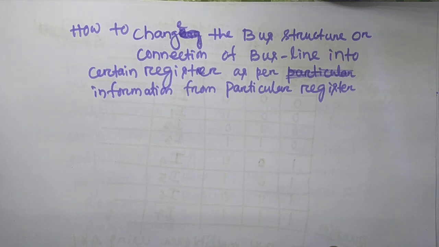That means the problem is like this: how to change the bus structure or connection of a bus line into a certain register as per the information from a particular register.